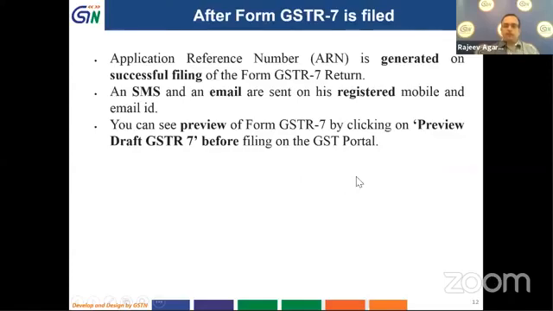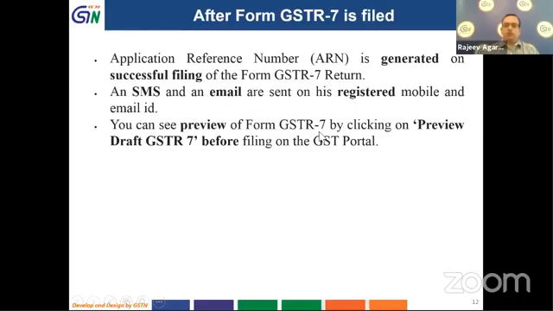When I file Form GSTR 7, an application reference number, the ARN, is generated when the form is successfully filed. This is also sent to me via SMS to my registered mobile number or via email to my email ID.